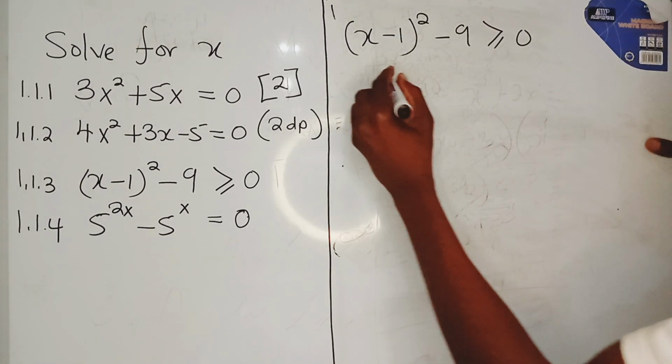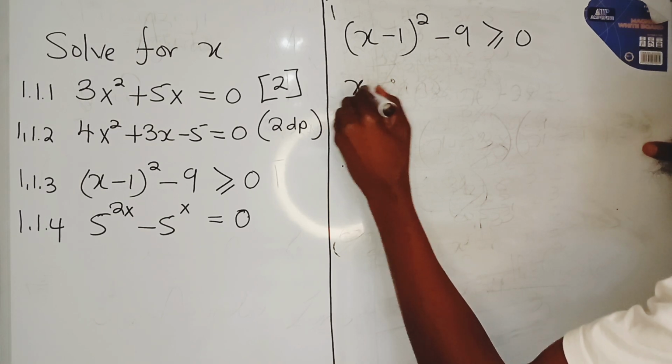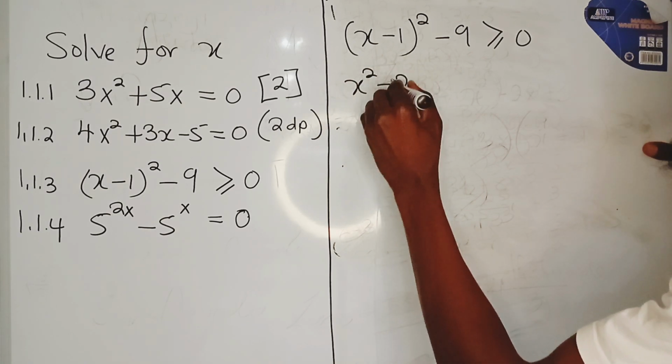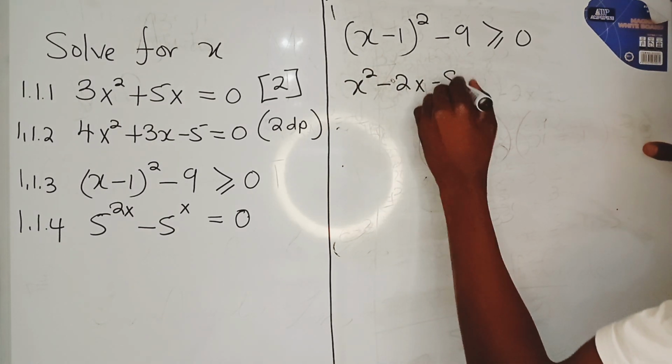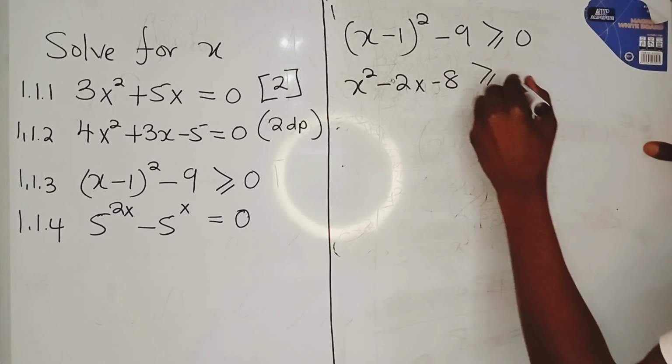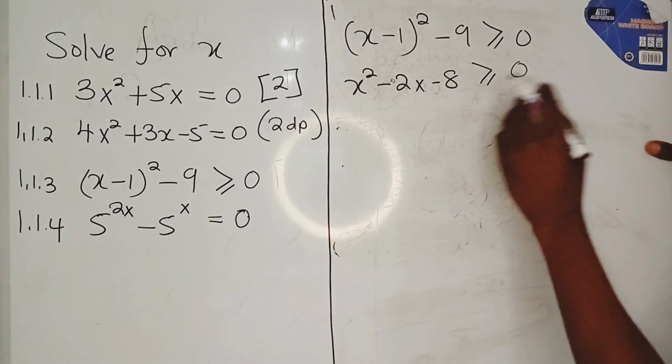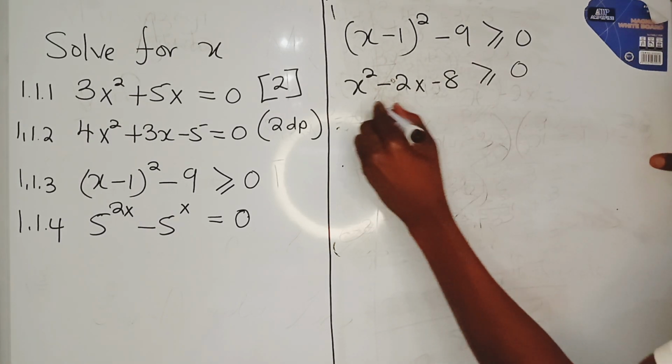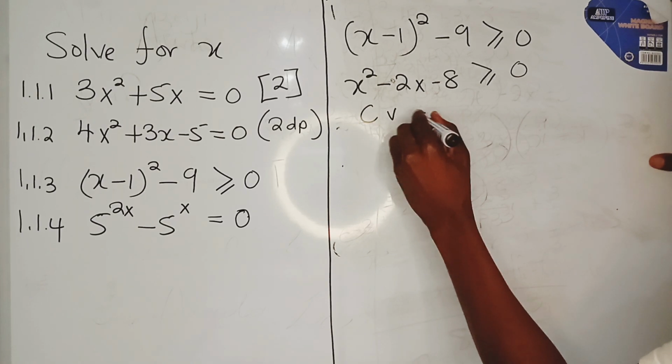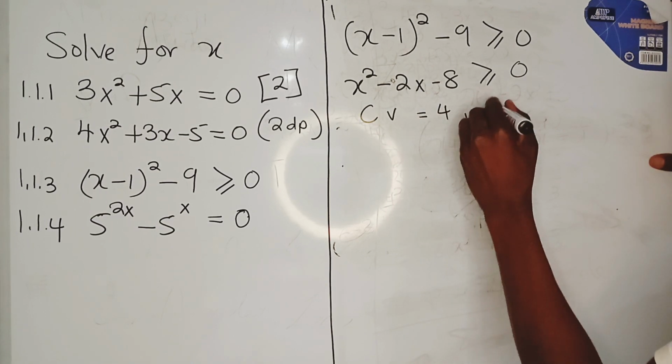After we expand, we got x squared minus 2x minus 8 greater or equal to 0. So you now know how you find the critical values. We found out it's 4 and minus 2.